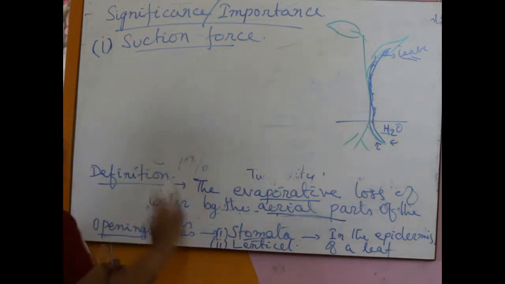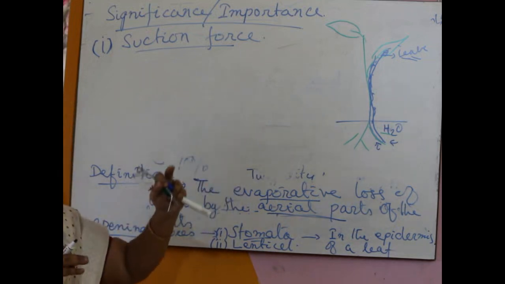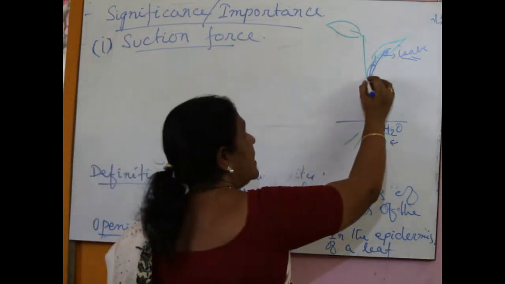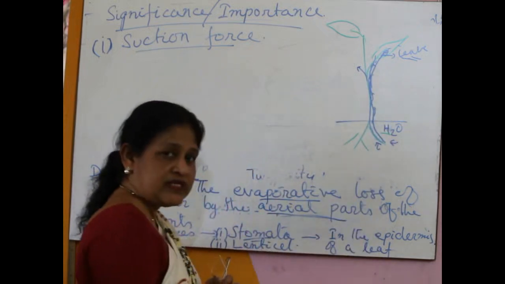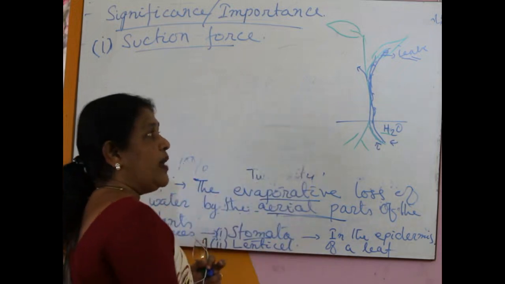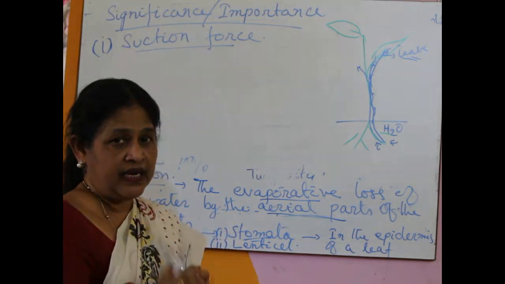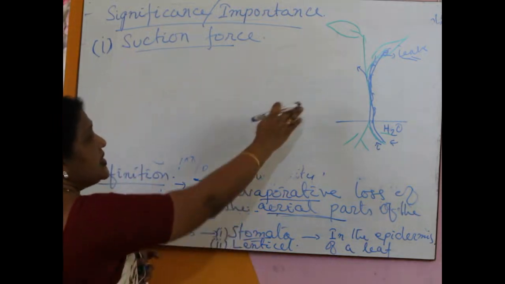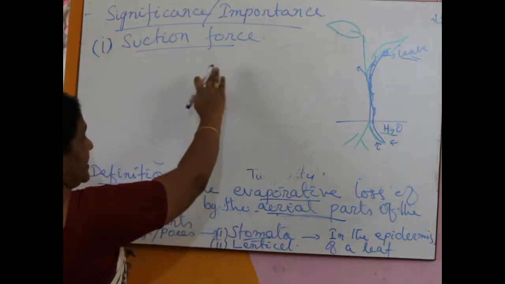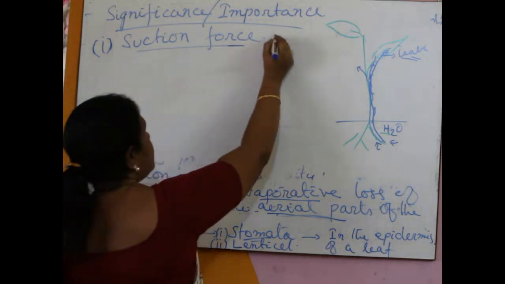So it's essential, it's not an evil. Like 98% of the water is lost, but still the 2% that is utilized, it is utilized for photosynthesis or for mechanical support, whatever requirement the plant has. But it has to reach each and every individual cell, for which the water has to be carried to the individual cells, and that is possible only by the suction force that is developed, right?